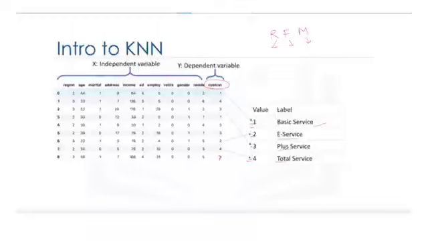Monetary, of course, is the revenue: from which customer I am getting more revenue. These are the most important parameters, and a lot of other parameters can also be added on top. But typically, these three help you understand the behavior of the customer. We call it RFM analysis.